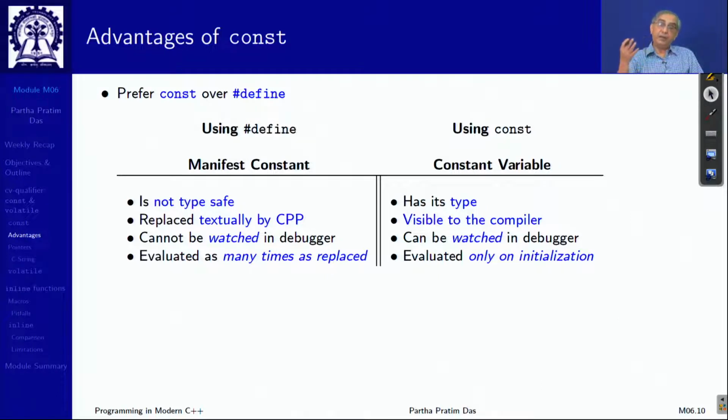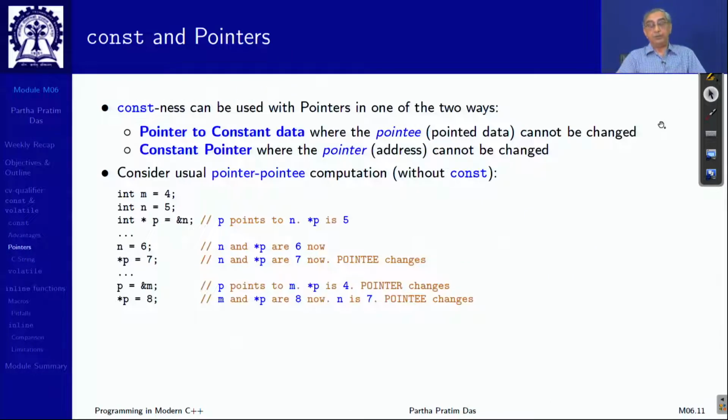Whereas, if you have a constant variable, then naturally its evaluation happens only at the definition time. Everywhere else you just use that value. So, it is also efficient. So, in every possible way manifest constants are a no. Stop using manifest constants, just use constant variables.